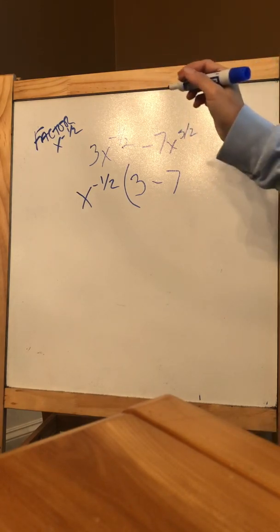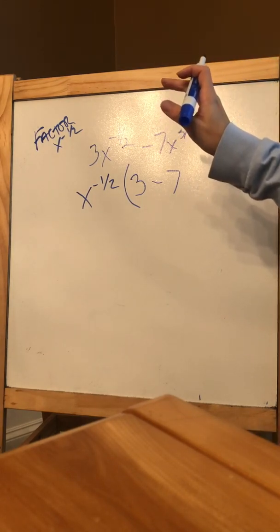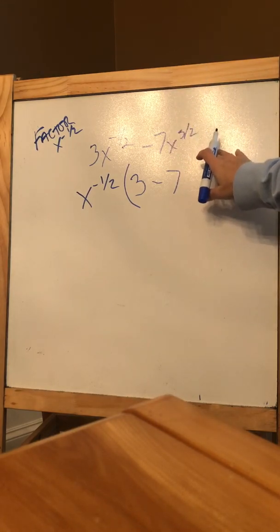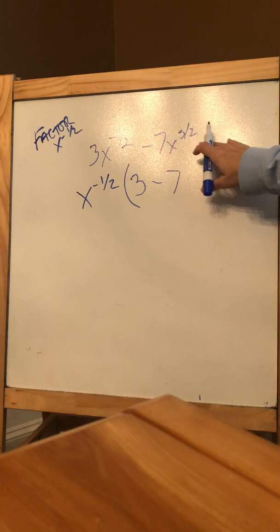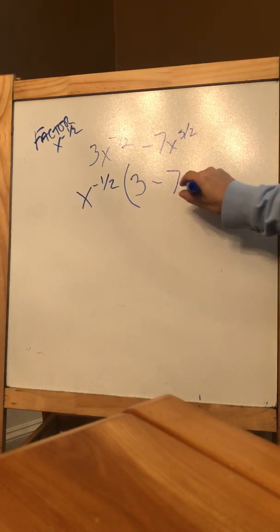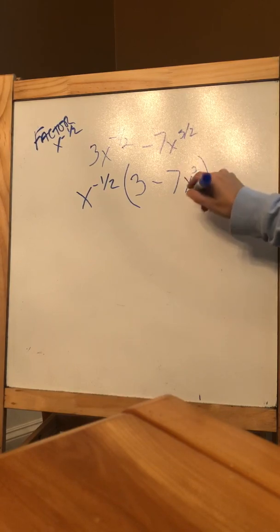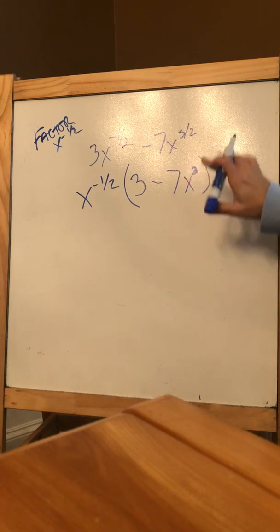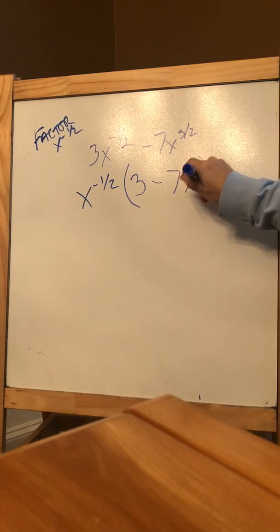If we're multiplying x to the negative 1/2, we would add these exponents here, okay? So we would be left with 6 over 2, which would give us 7x to the 3rd here. That's a 3. If we pulled this out. Hold on. Good grief. There we go.